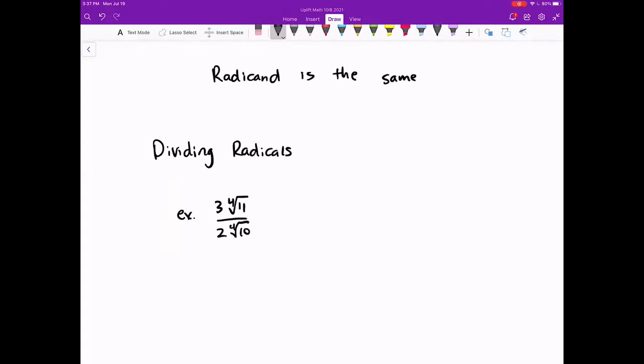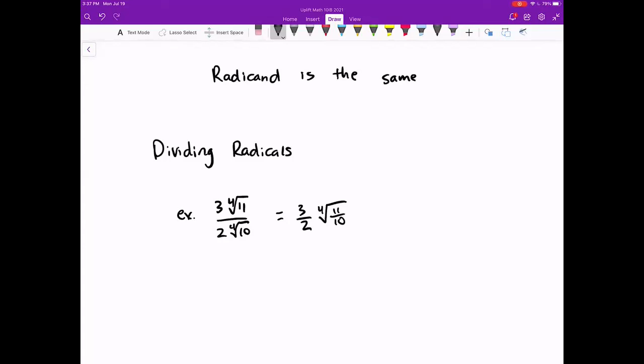We can't simplify this one that much, but we can do it. We divide the coefficients first, which is 3 divided by 2. And then we multiply that by the 4th root of 11 divided by 10. I don't think that one's too complicated, so I think we can move on.